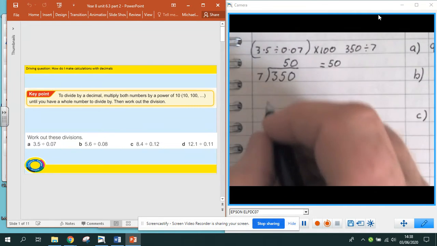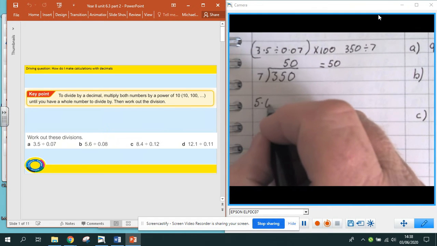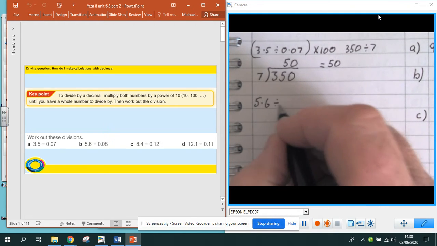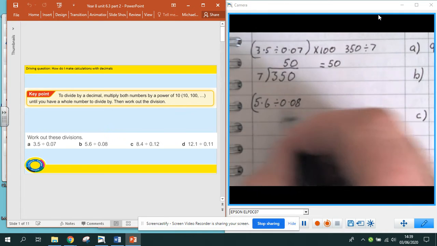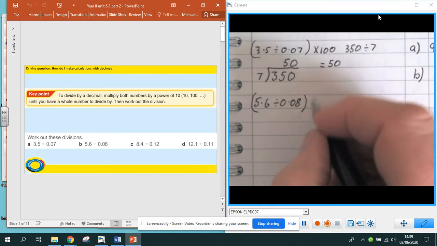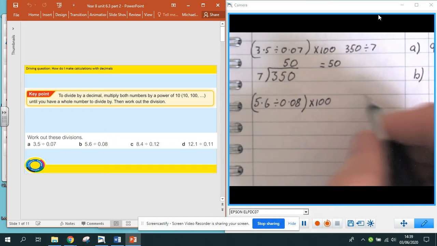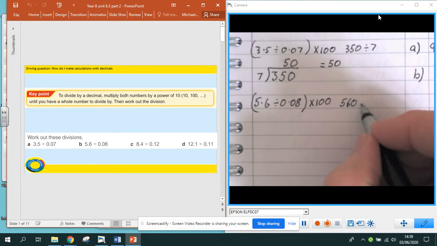So the next one, we've got 5.6 divided by 0.08. Again, in order to turn 0.08 into a whole number, I have to multiply them both by 100, which gives me 560 divided by 8.